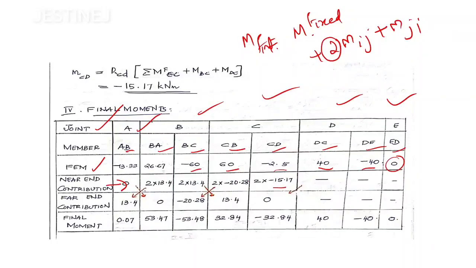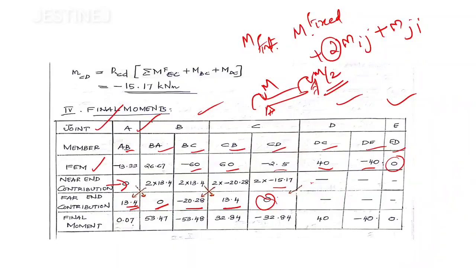After that, the far end contributions: we already know that if a moment M is applied at this end, it will be carried over to the far end, which is fixed, as M by 2. So half the value will be transferred here: 13.4, here 0, here minus 20.8, and here 13.4. Here there is no value, so 0 is transferred, and for these joints no more contributions are required.